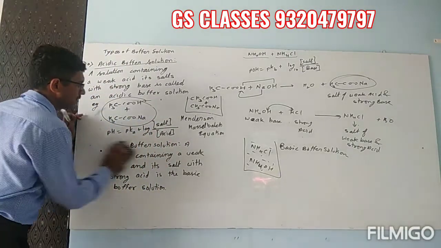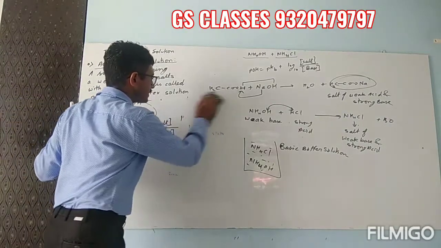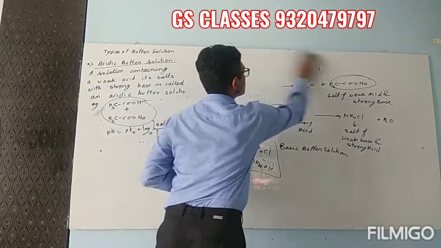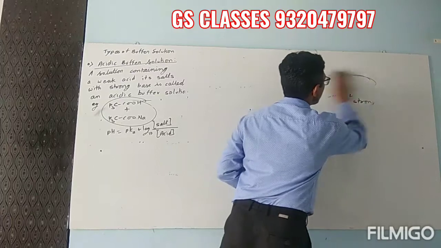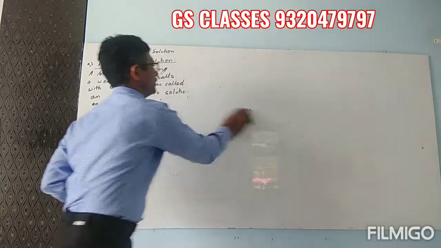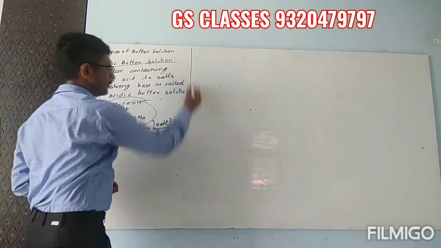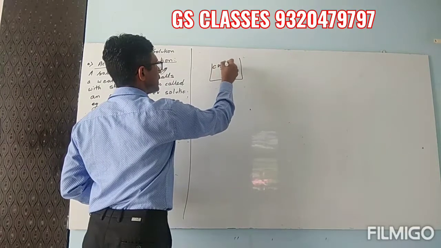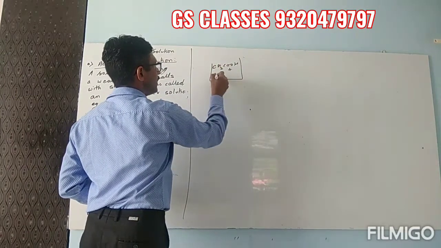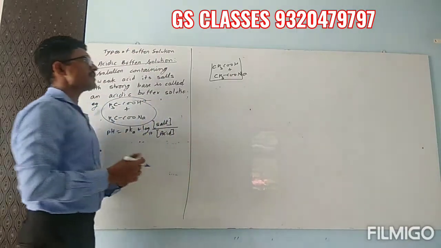And for that purpose, I am taking the example of acetic acid and the sodium salt of acetic acid. Acetic acid and its sodium salt. Now children, suppose I have prepared a solution containing acetic acid and sodium salt of acetic acid.